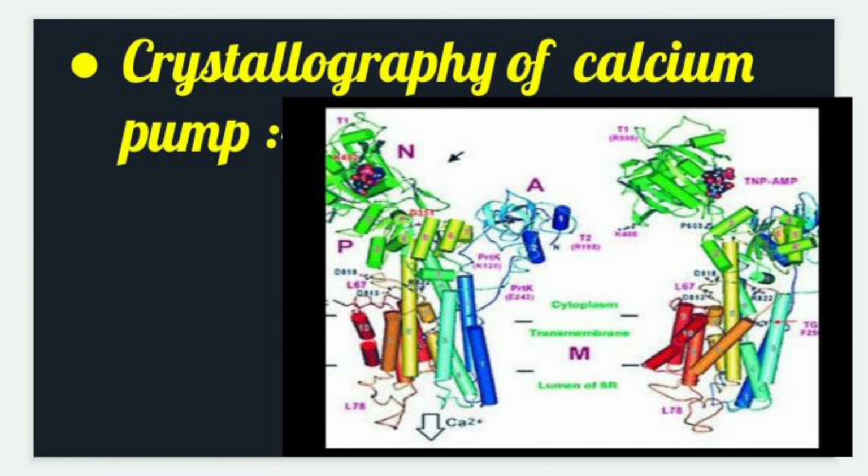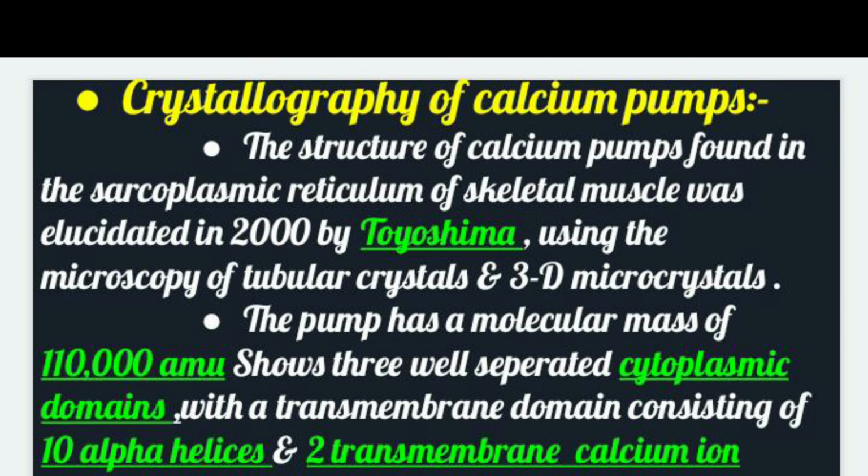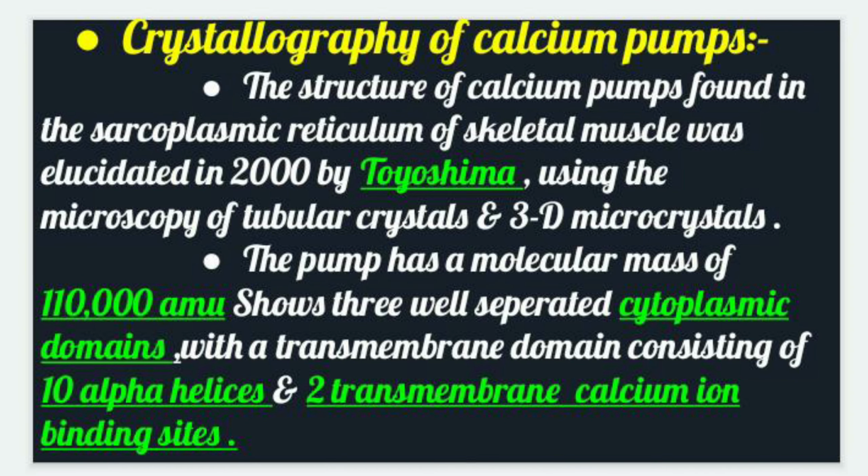Now, let's have a look at the crystallography of the calcium pump. The structure of calcium pumps found in the sarcoplasmic reticulum of skeletal muscle was elucidated in 2000 by Toyoshima, using microscopy of tubular crystals and 3D microcrystals.